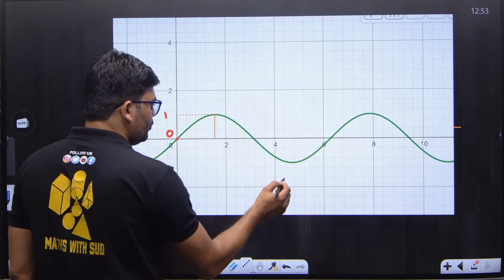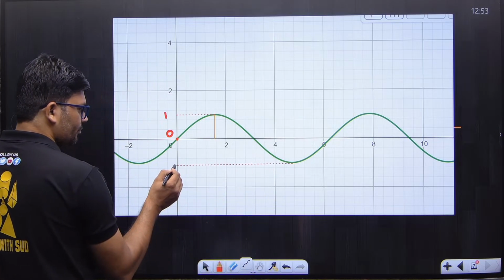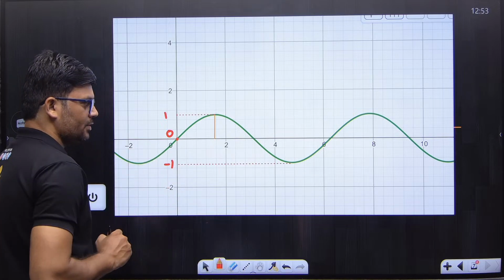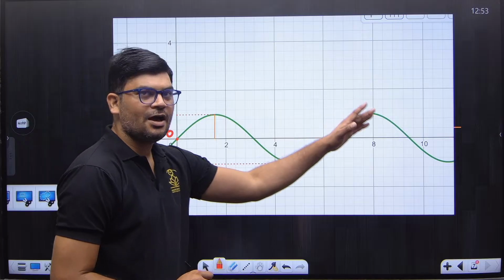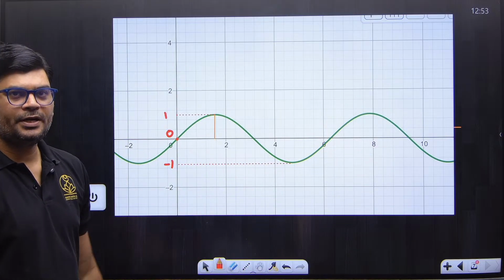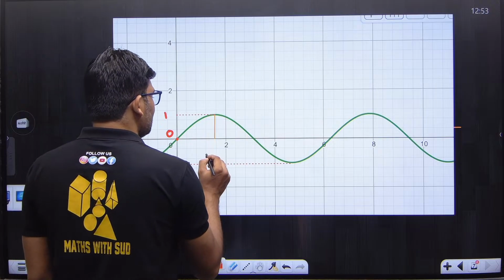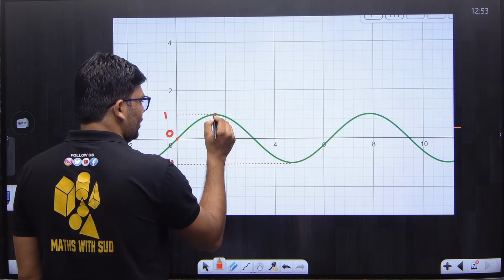What is the minimum value of the graph? It is -1. And you can see the graph keeps on repeating itself. It's periodic.